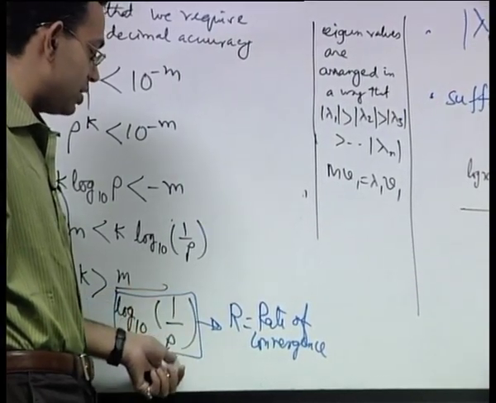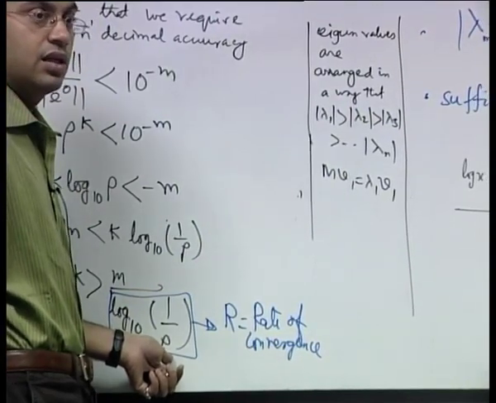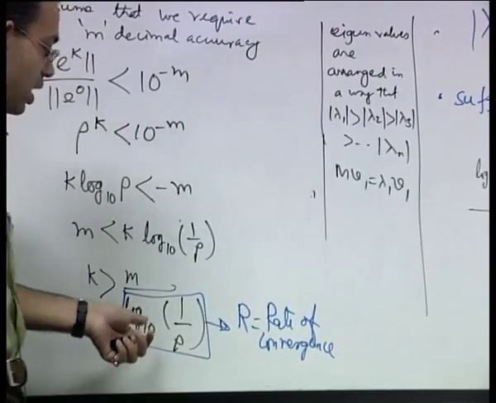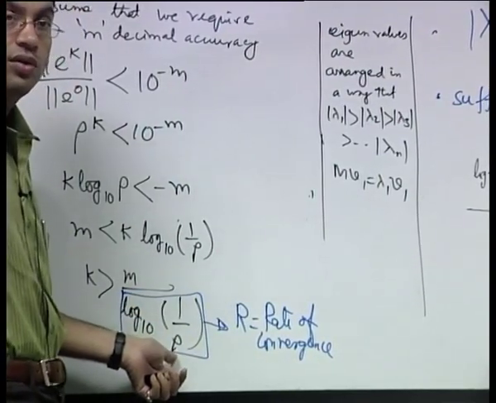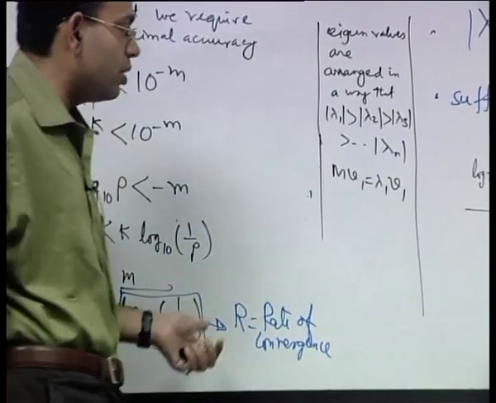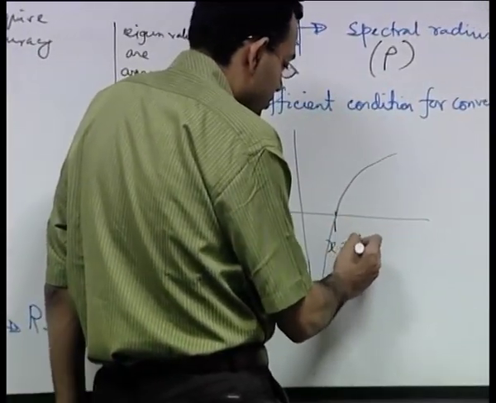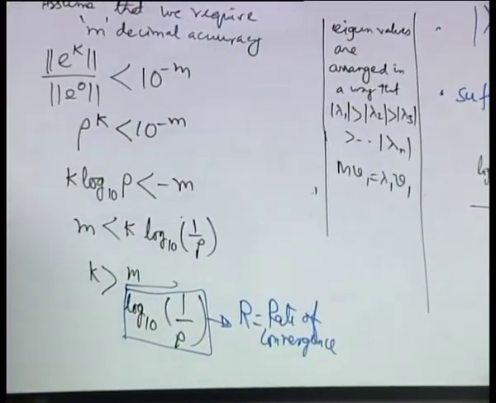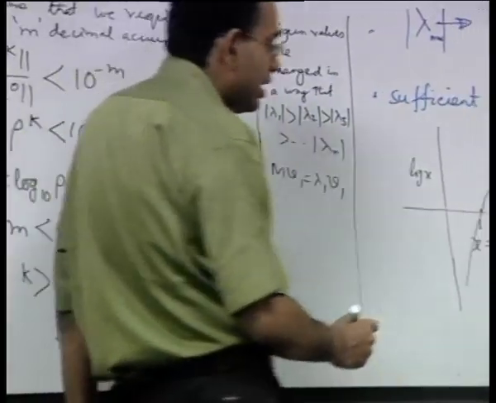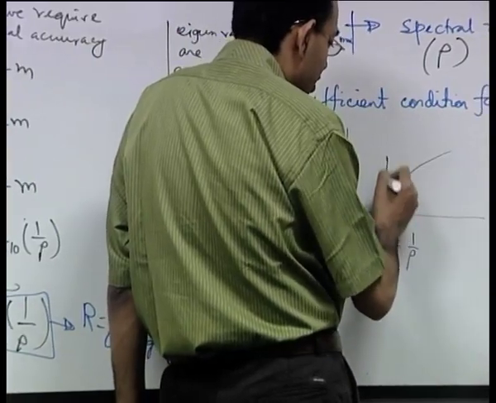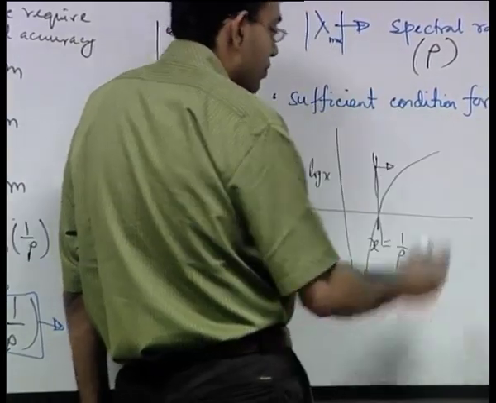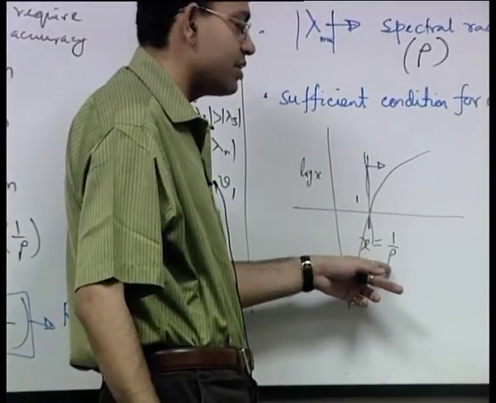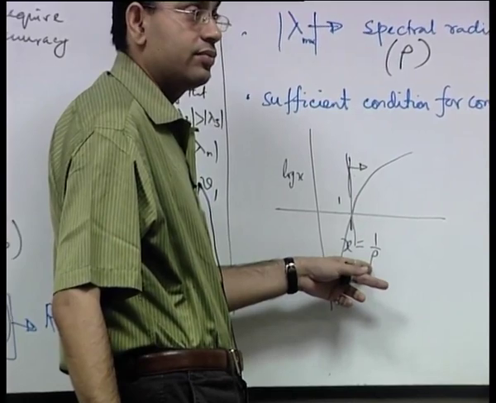So, 1 by the positive fraction is a number which is greater than 1. So, the smaller the value of rho, the larger is this value of x, which is 1 by rho, and the larger is log x, right. So, essentially you are dealing with variations towards the right side of x equal to 1 because rho is less than 1.